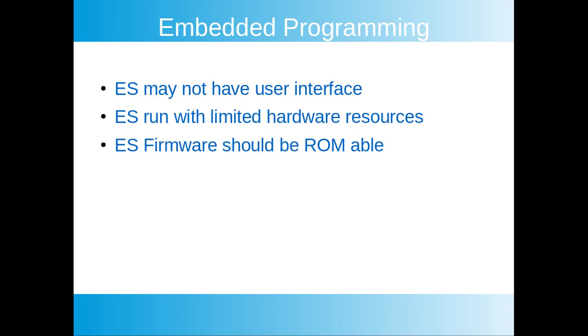So if the machine code we generate by compiling the source code is larger than the ROM, then we won't be able to burn it into the ROM of the embedded system.